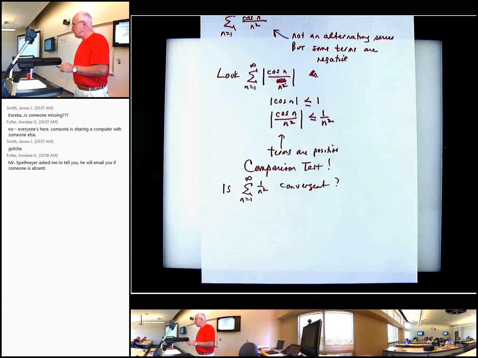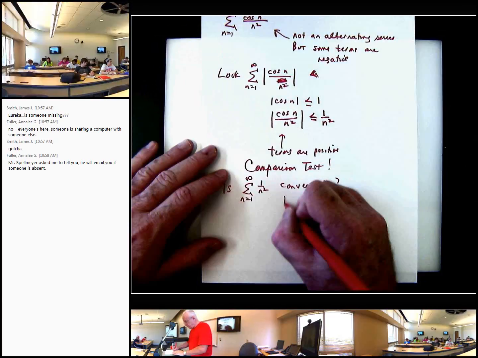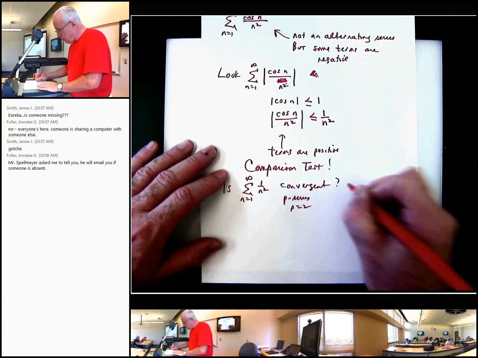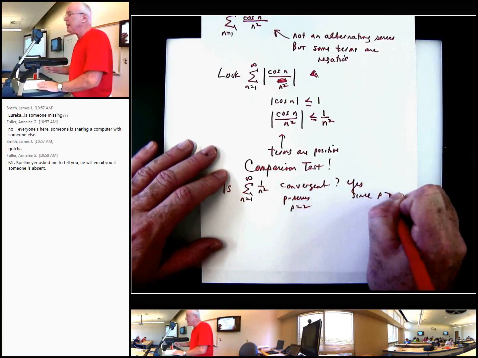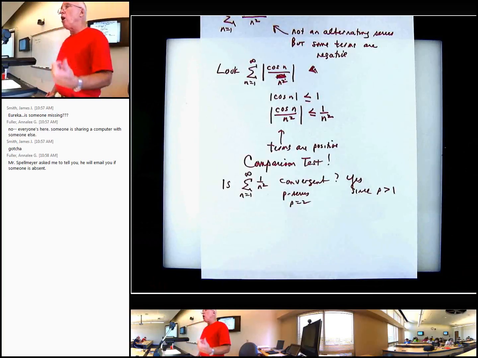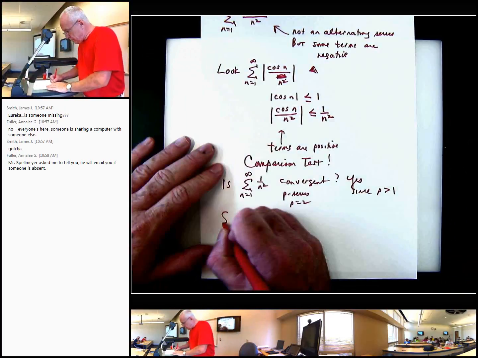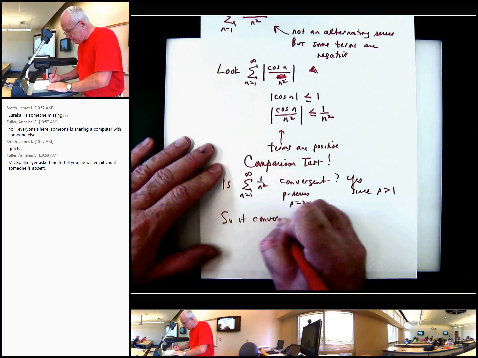What kind of series is it? P series, P equals 2. Since P is bigger than 1, it does indeed converge. So these are smaller terms than the other one, and the other one converges. So it converges by the comparison test.